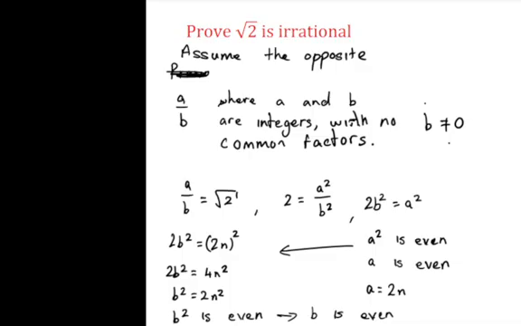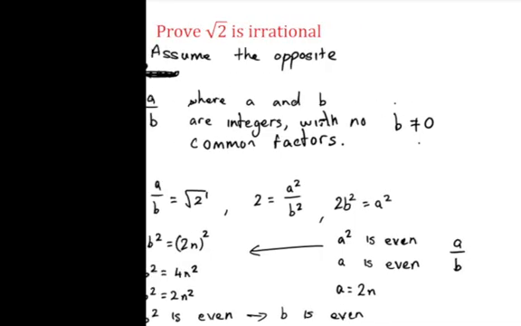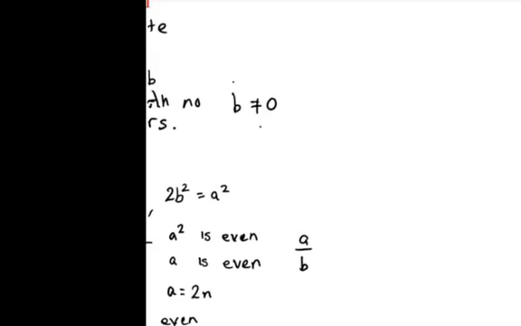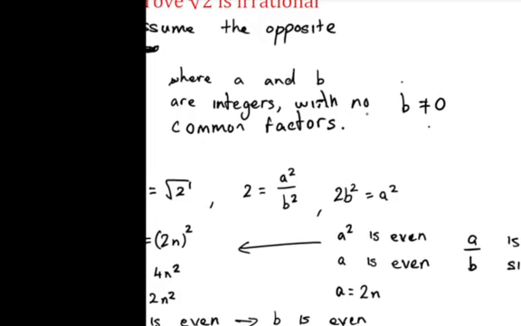And because we've now proved that a is even and b is even, then this means that a over b is not fully simplified. In other words, as we assumed right at the beginning of this question, we said that a and b are integers with no common factors, and we've just proved that 2 is a common factor, which means we've contradicted our original statement.